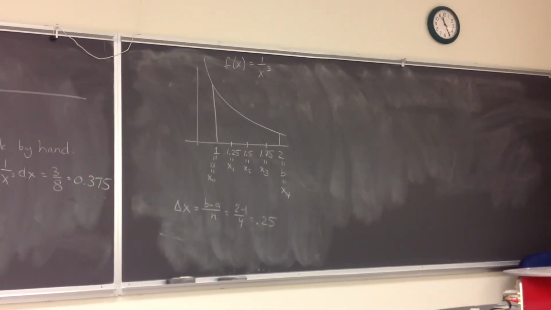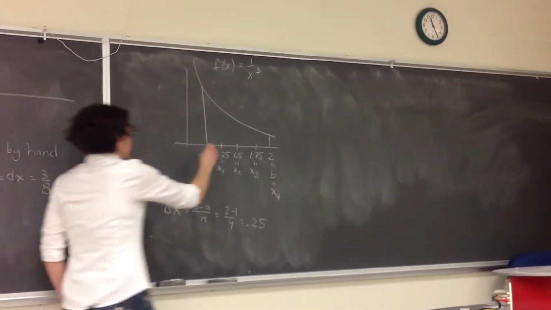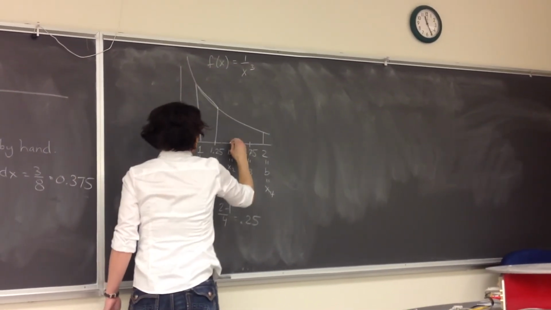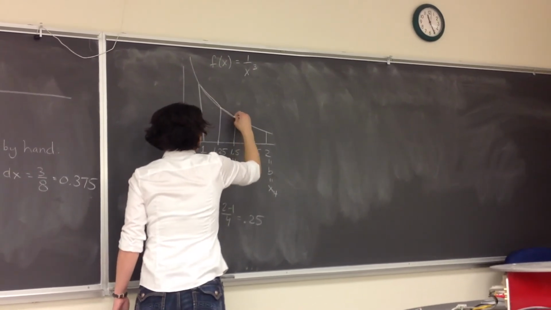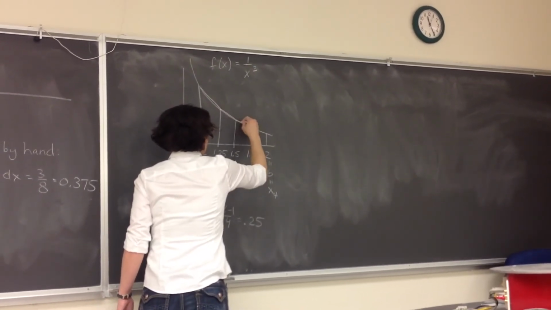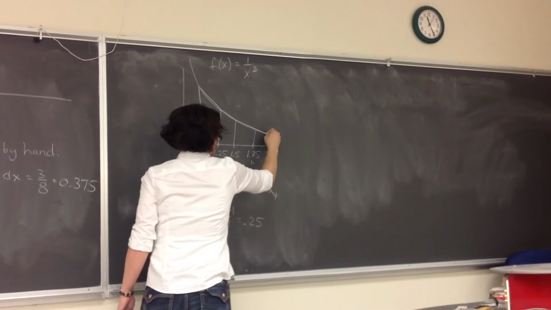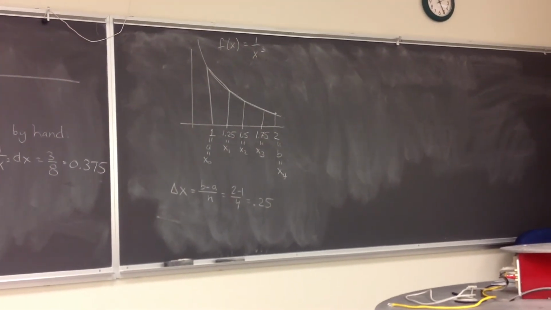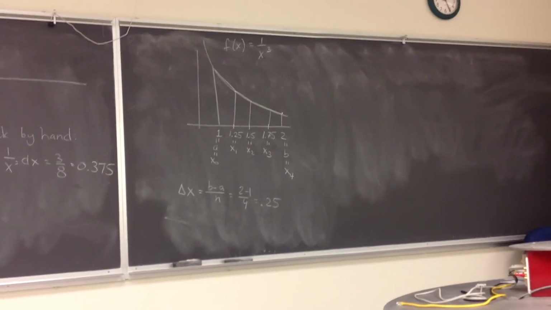I want to label all of those, and then I can draw my trapezoids on here. Here they are, all drawn on. And on this curve, it looks like they're going to be a pretty good approximation to our actual curve.